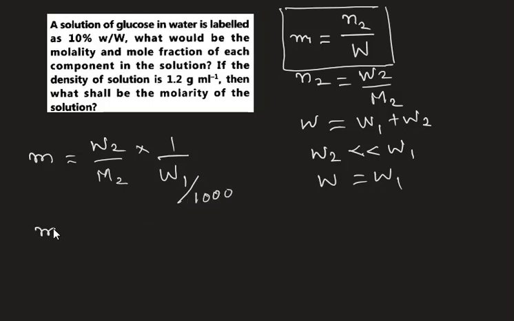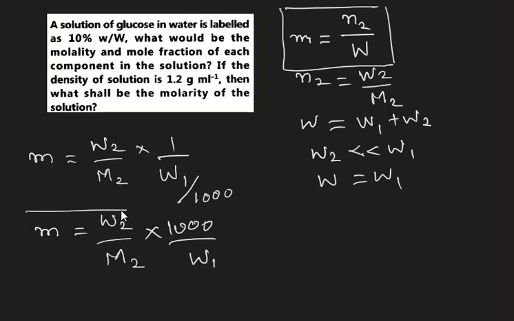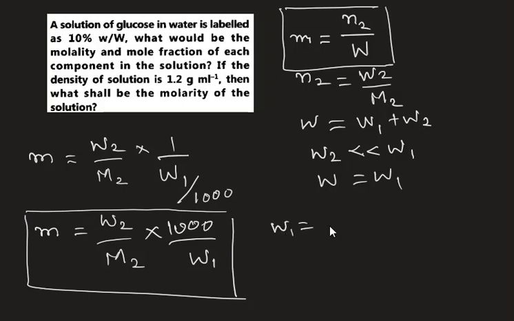Therefore, molality is equal to W2 by M2 into 1000 divided by W1. Now it is obvious that W1 is in kg. So W1 is the weight of solvent in kg.